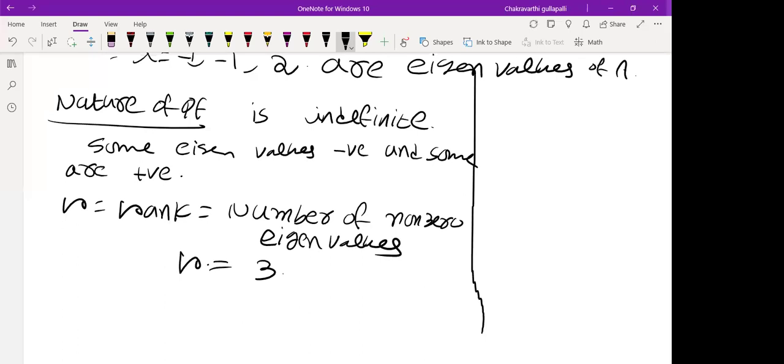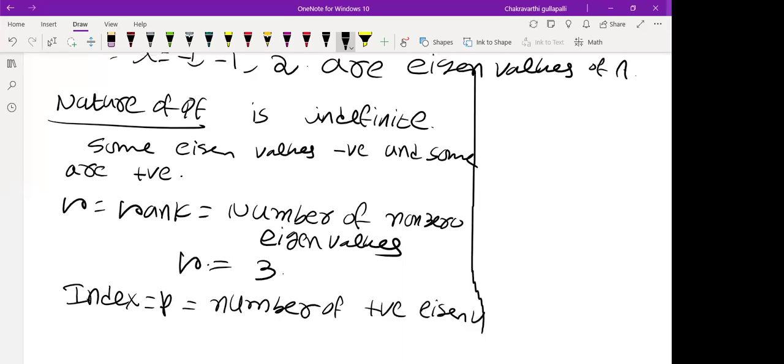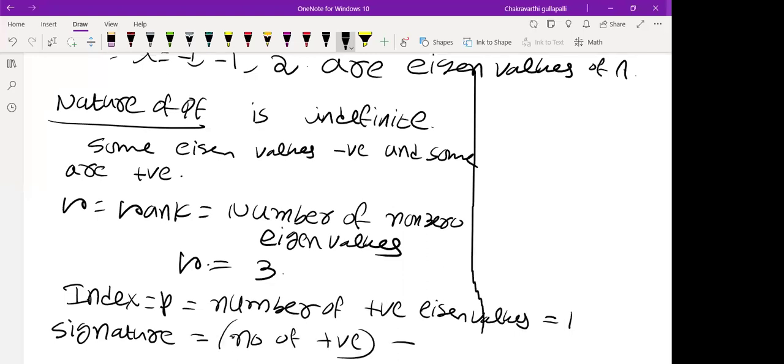Next is index. What is index? The number of positive eigenvalues. How many positive eigenvalues? Only one, which is 1. Next, signature: the number of positive minus the number of negative eigenvalues.